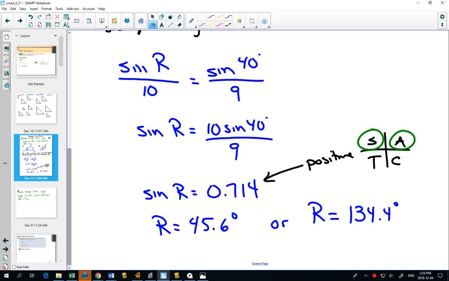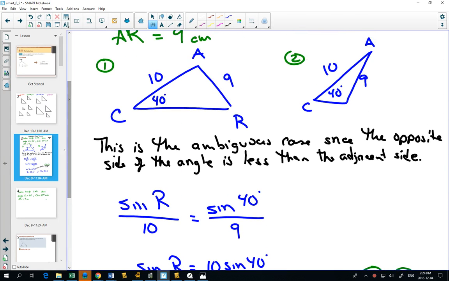And in this case, if I go back to my original triangles here and I label them, okay, I have a possibility of 45.6, or 134.4 degrees.